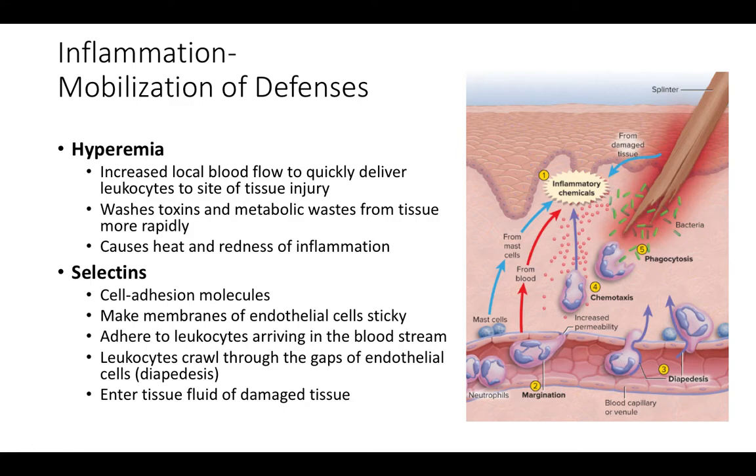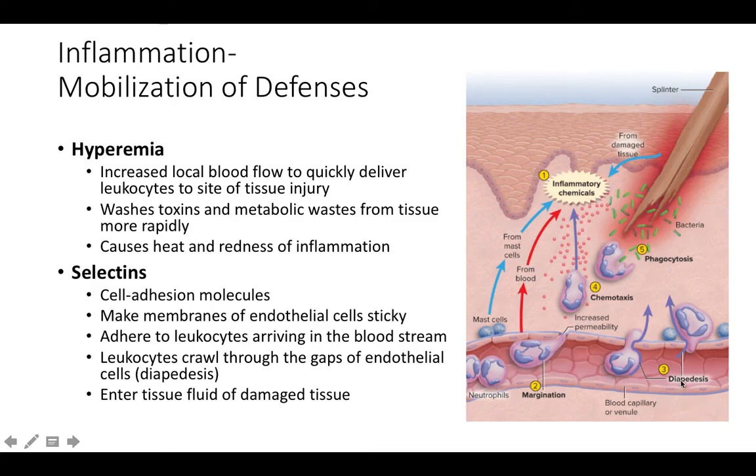Okay, so that's really important because when they're sticky, the leukocytes, in this case neutrophils, are going to move through and stick to the surface of the endothelial cell where we have damage, or where we need the leukocytes to basically take action. And so when that happens, it slows down the leukocytes, and they're able to cross through in between these gaps between the endothelial cells.